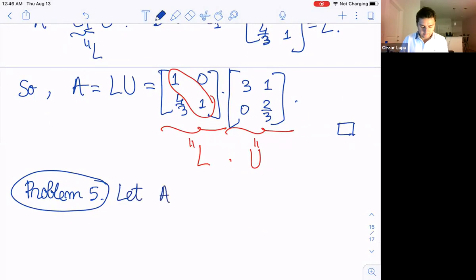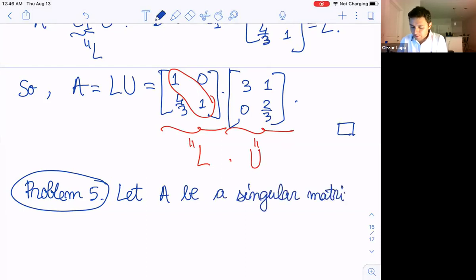Let A be an n by n singular matrix. Again, an n by n matrix. I will not assume that it's a 2 by 2. And we have to prove a bunch of things.